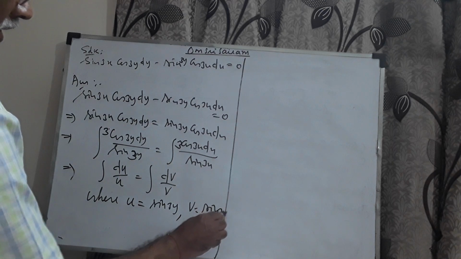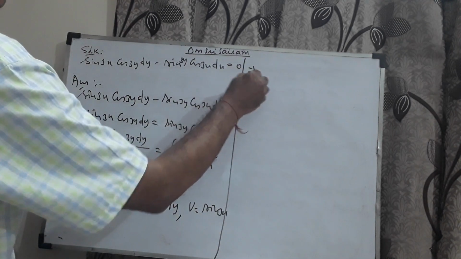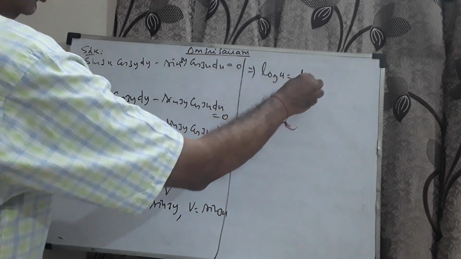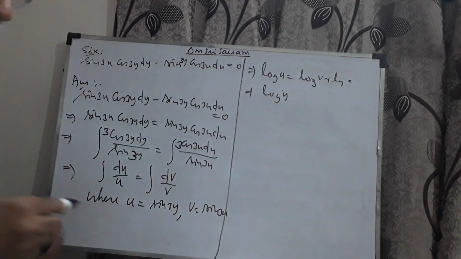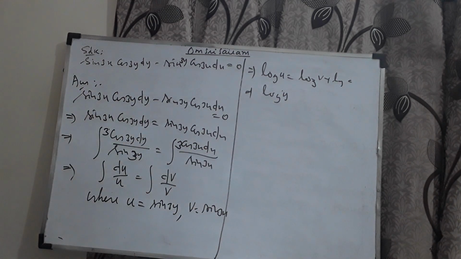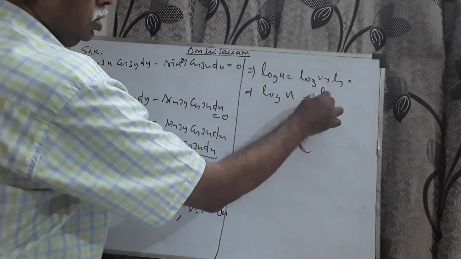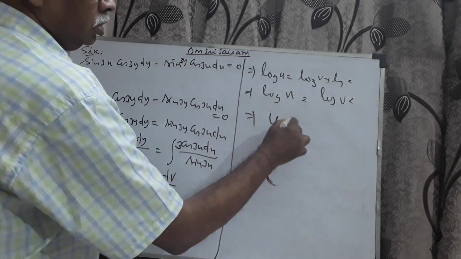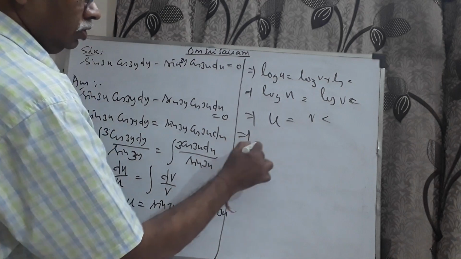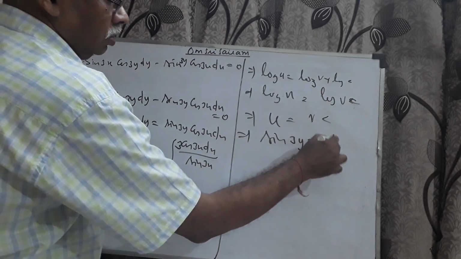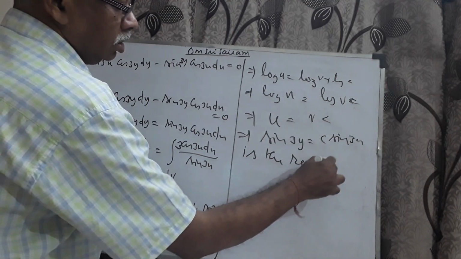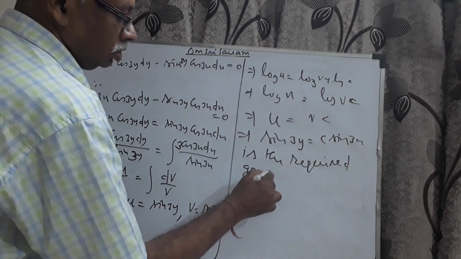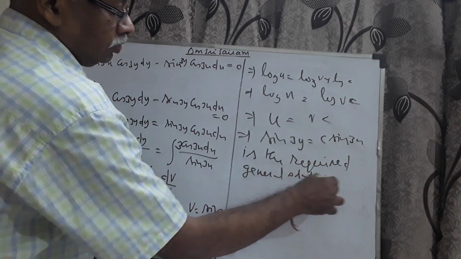V is nothing but sin 3x, which is my denominator in RHS, which implies log u is equal to log v plus log c, which implies log u is equal to log vc, which implies u is equal to vc, which implies sin 3y is equal to c sin 3x. This is the required general solution.